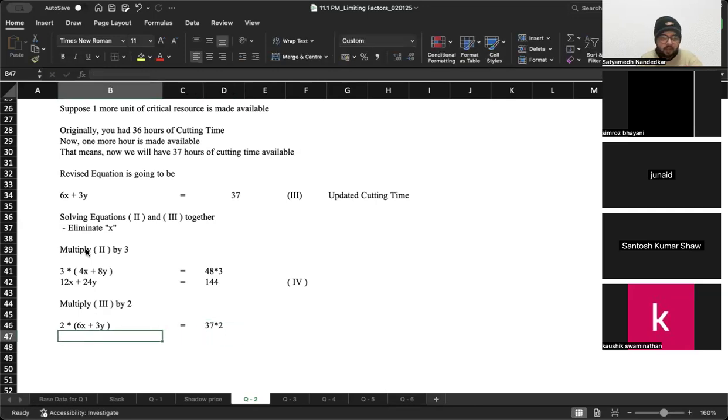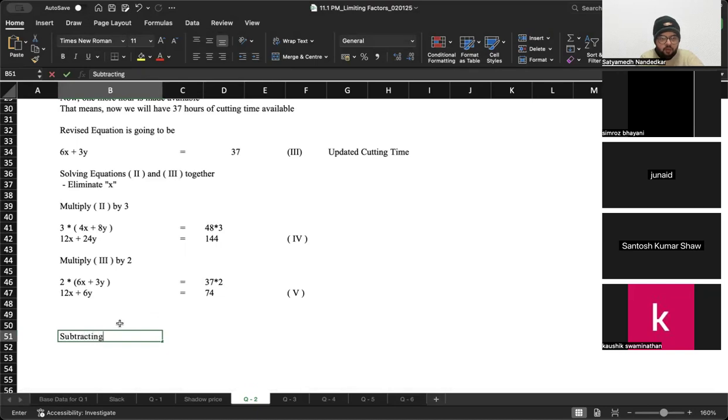Multiplying both sides by the same number. So I will get 12x plus 6y equal to 37 into 2, 74. This is equation 5. Are you with me so far? Does it make sense?